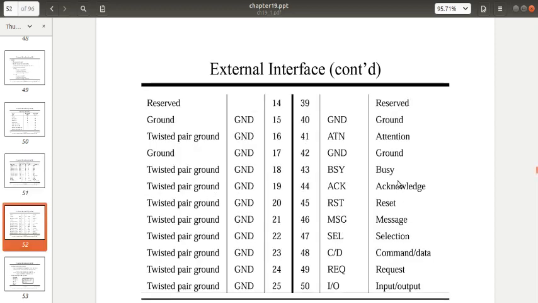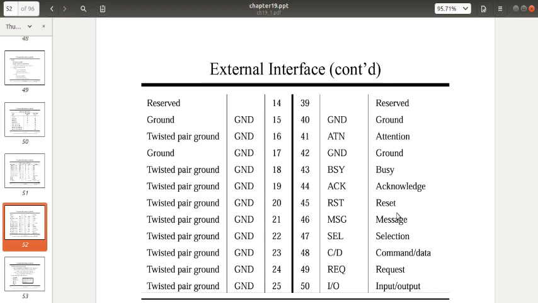And again, these are the remaining pins. If you look at it, so many pins are used for maintaining connections and other control purposes: ground, busy, acknowledge, reset, selection, command data, things like that. Whenever we are using some communication device, it's not just the data.